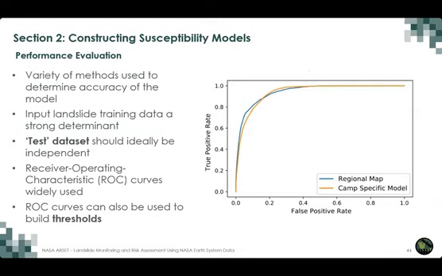That's a typical way to do it, but in perfect circumstances, you have access to a secondary independent data set of landslide locations, completely generated independently from your training data to use to test the model.